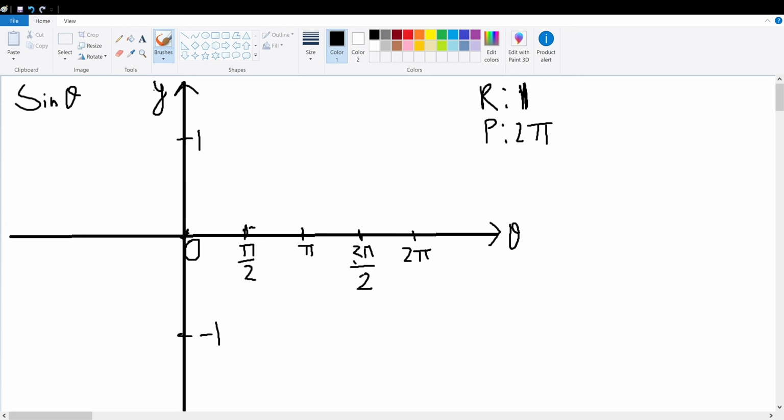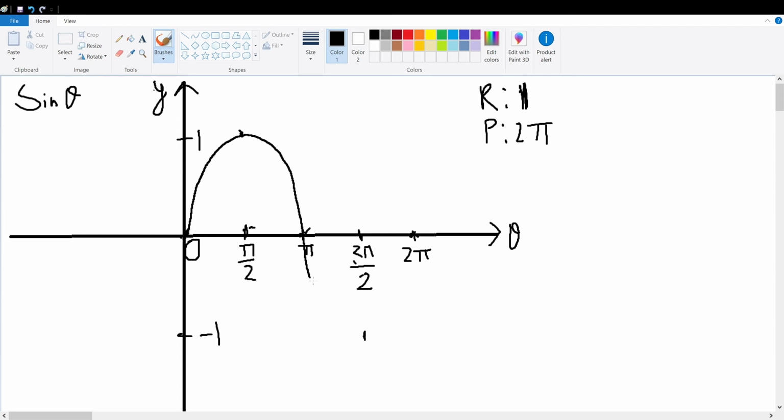Sine of pi over 2 is equal to 1, which is right here. Sine of pi is equal to 0. Sine of 3 pi over 2 is negative 1. And sine of 2 pi is 0. Now with that, we can connect the points, which will look something like this.